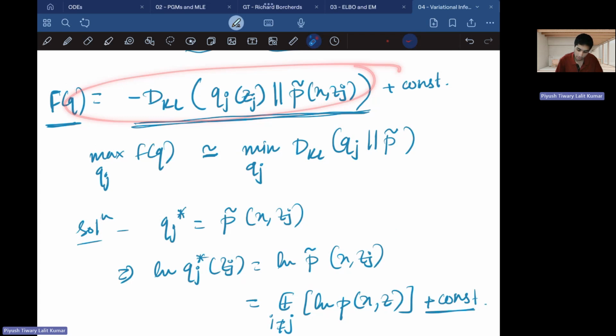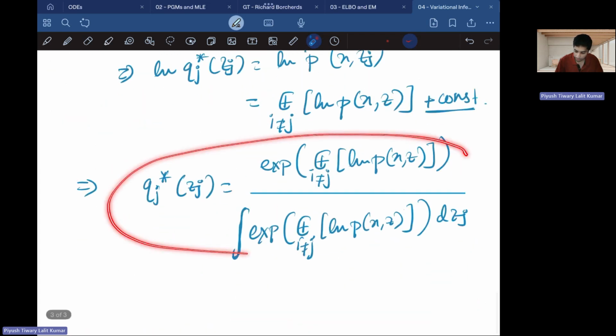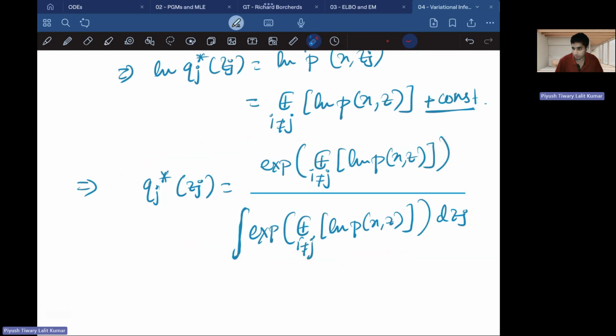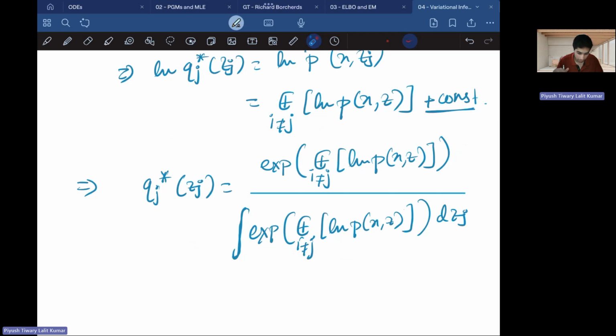If you think about it, we were optimizing with respect to a function here. Qj star, whatever we obtained here, is not a scalar value, it's a function. So this is like a free form optimization on your ELBO, right?